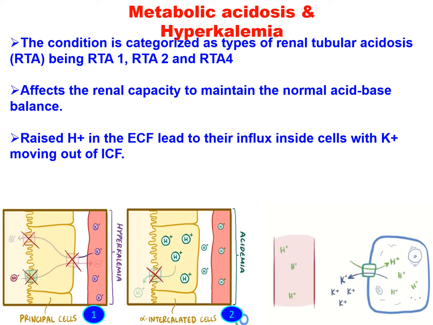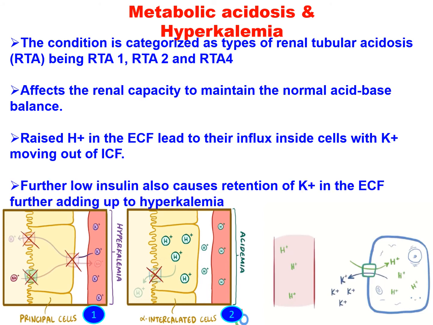As there is no insulin to help uptake of potassium ions by cells, a large amount of potassium remains outside the cells, leading to hyperkalemia. Thus, diabetic ketoacidosis may also lead to hyperkalemia in addition to renal tubular acidosis.